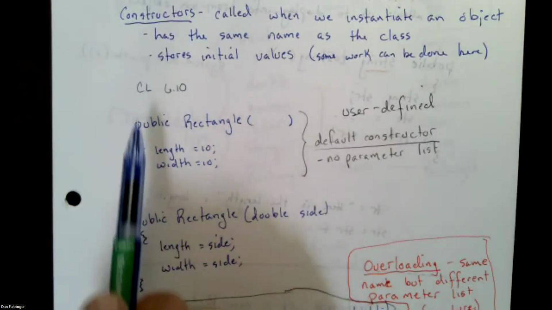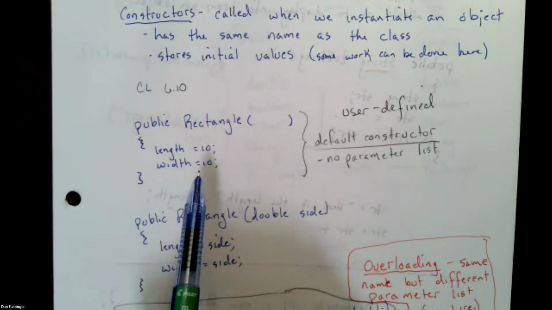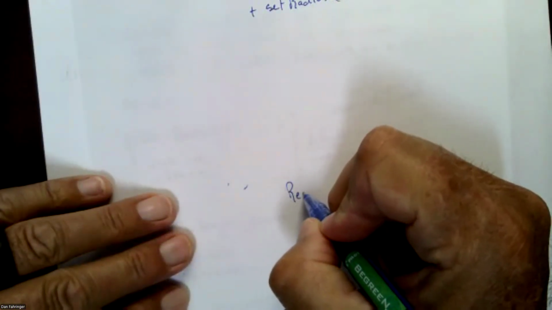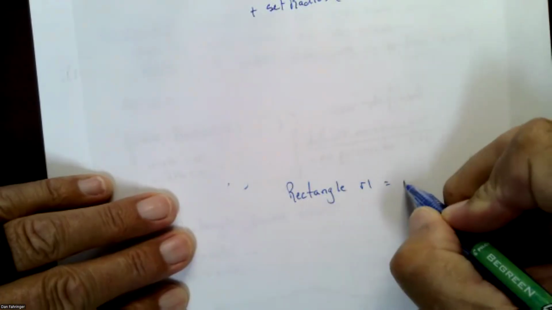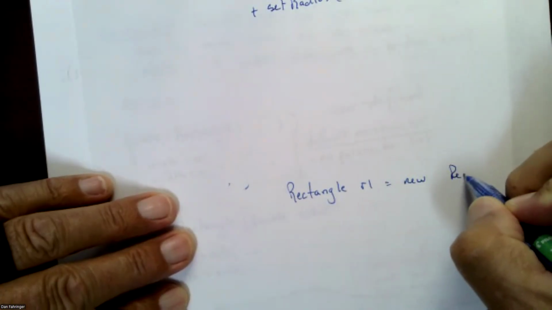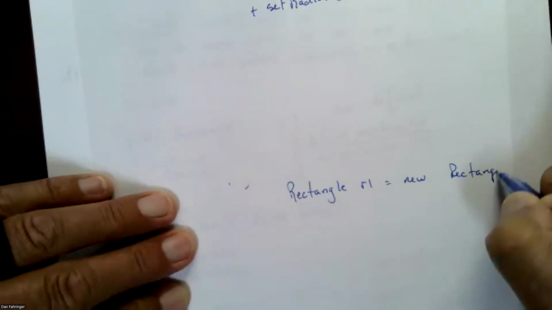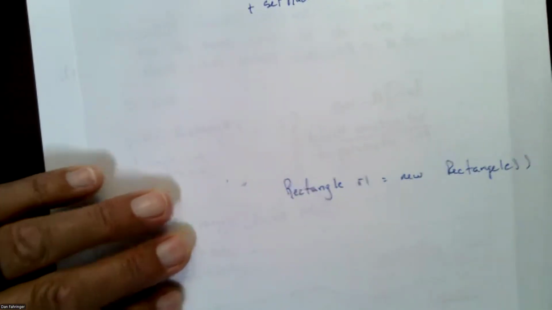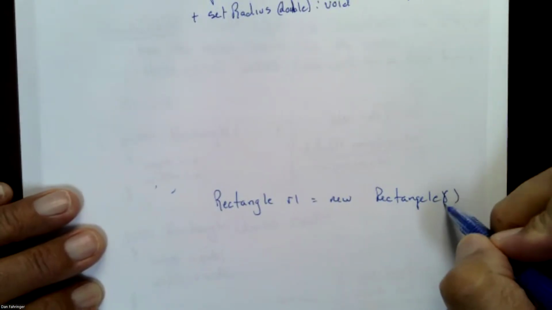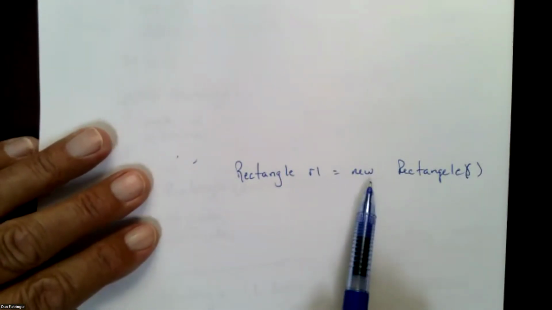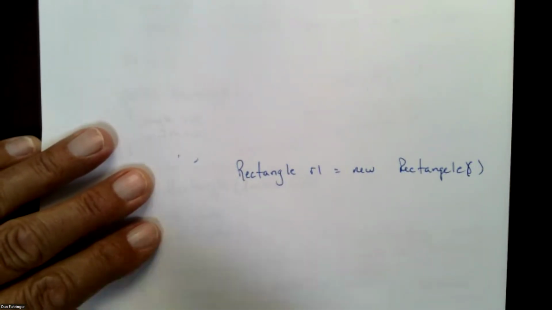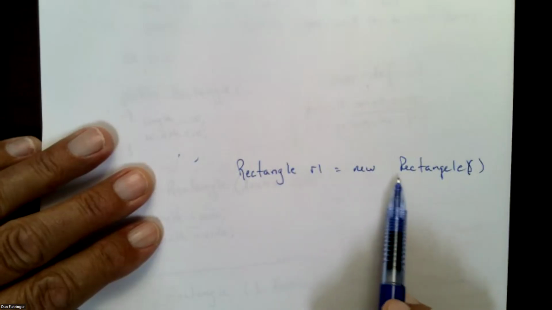So when I say Rectangle r1 equals new Rectangle, we know r1 is ready to use. That's going to actually call a constructor.